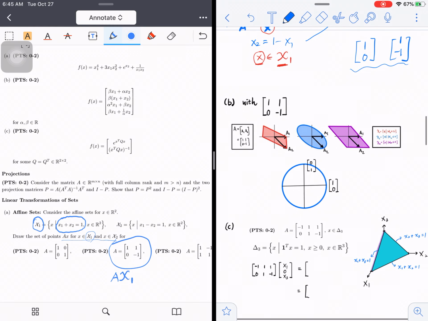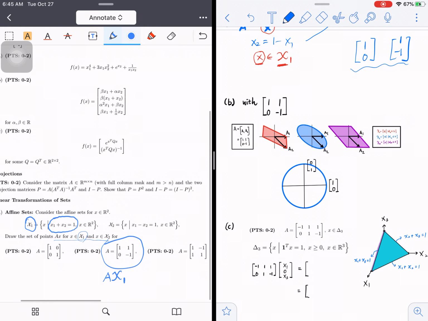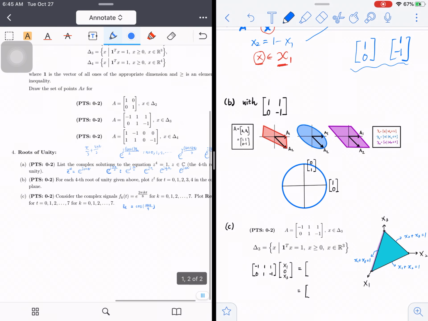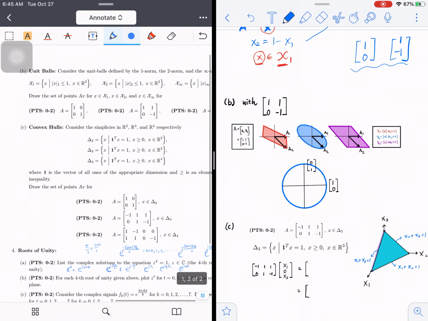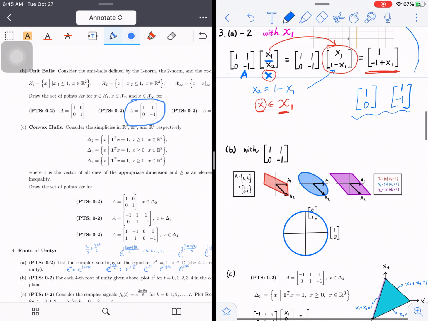And for 3b, it looks a little bit tricky. However, it is not that difficult. We focus on this A again, and we focus on this set.